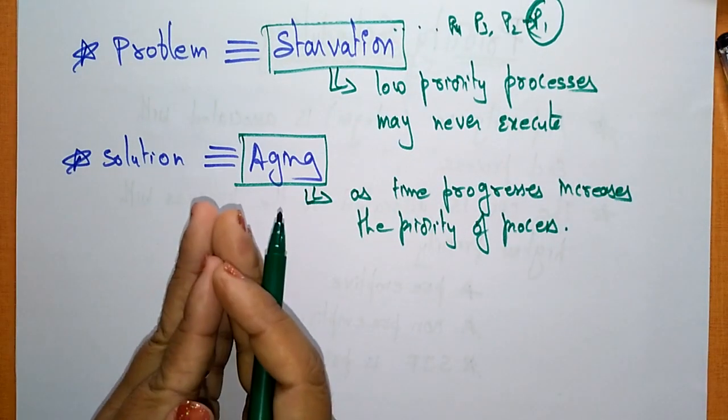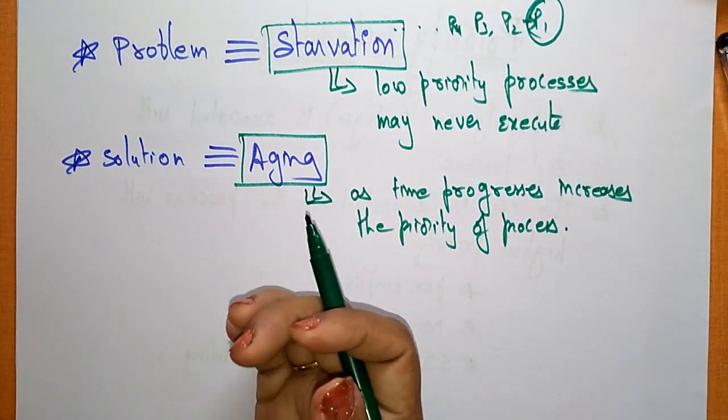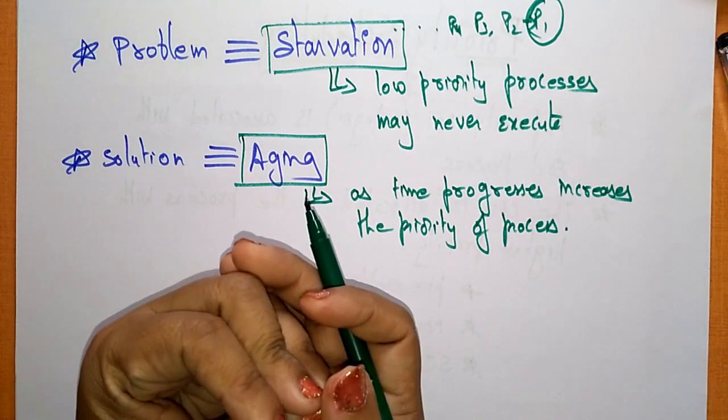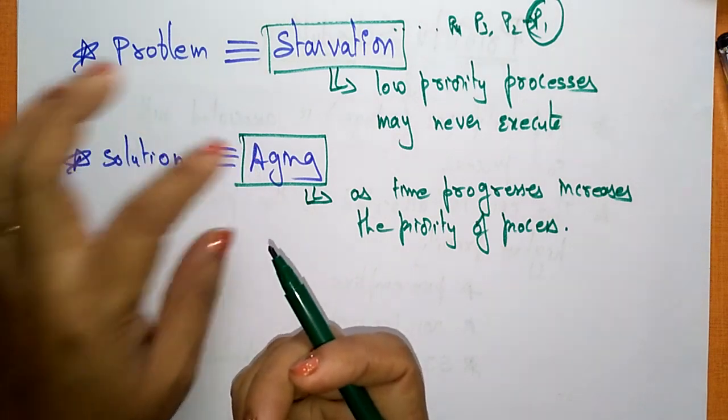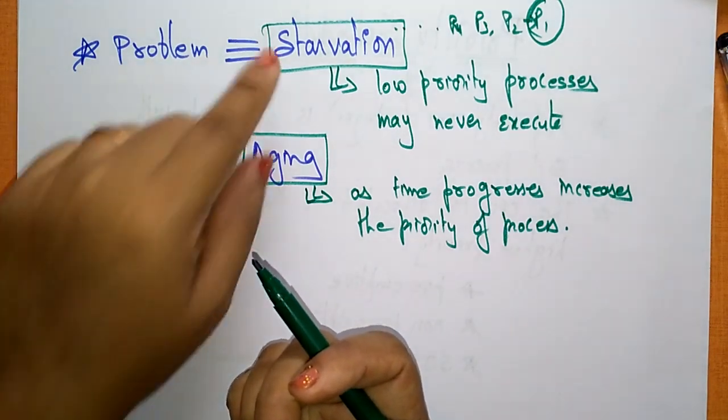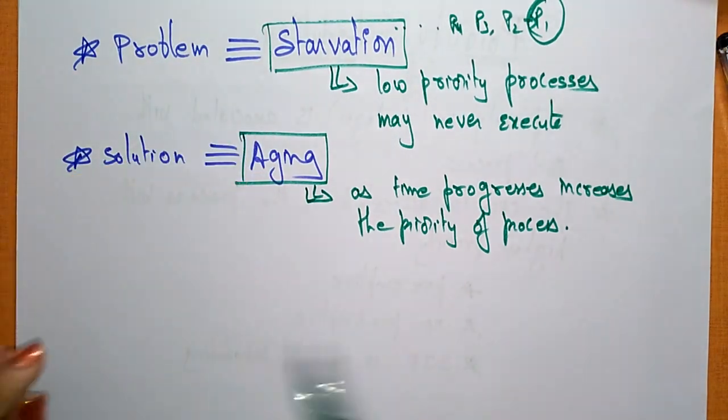Whenever the time is over, the processor has to execute that process even though it is getting a highest priority request. That is aging, the solution for starvation.